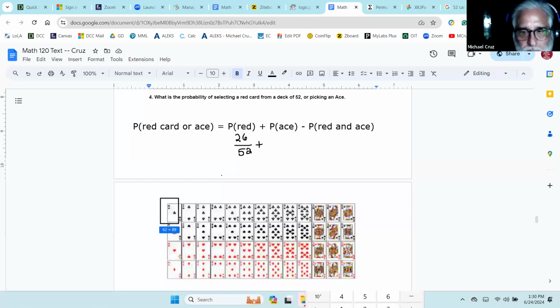The aces are these 4. So there's 4 of those over 52. I got the same denominator, so it adds easily here. 26 plus 4 is 30.